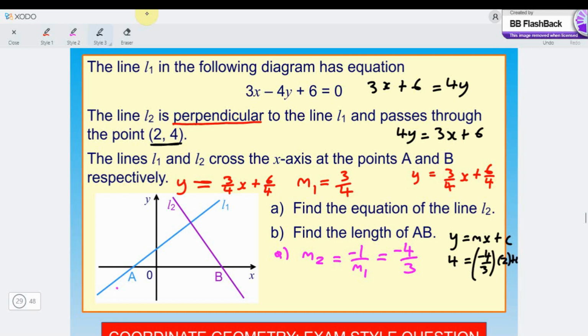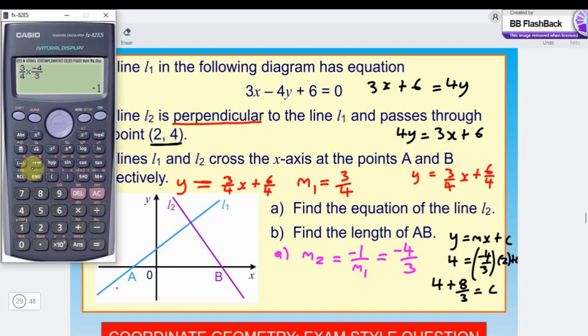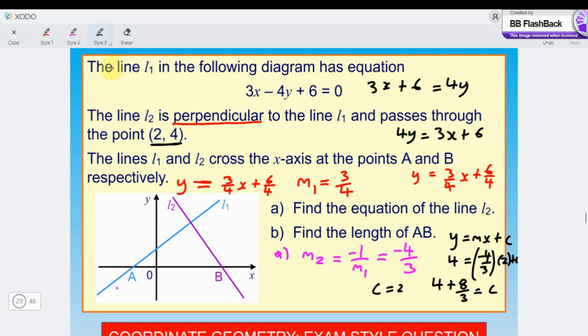Negative 4 over 3 times 2 is negative 8 over 3. When we bring it to the other side, it becomes 4 plus 8 over 3 is c. Adding 4 plus 8 over 3 gives you c, and so c is 20 over 3.